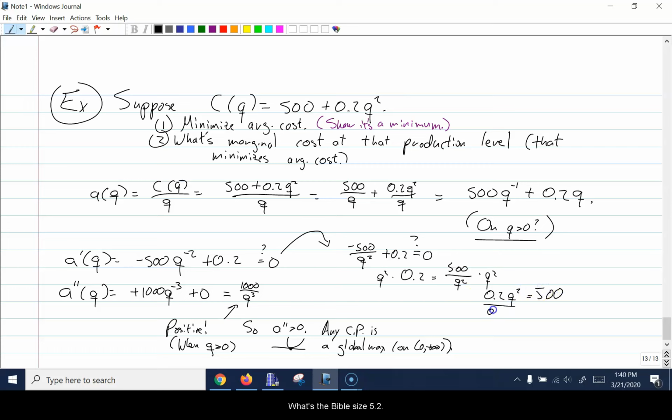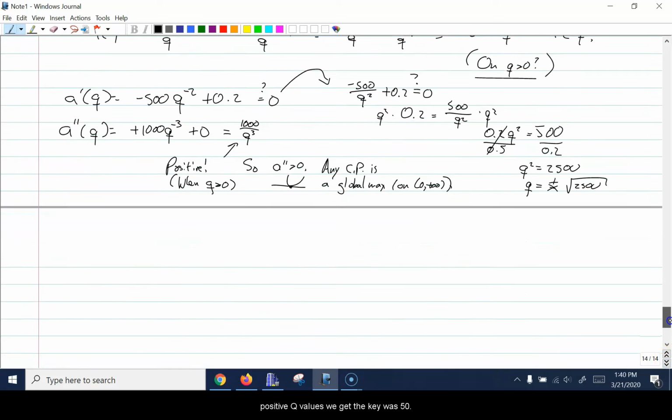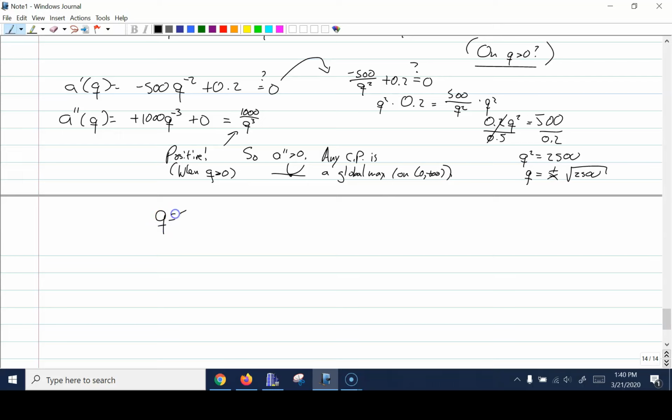Let's divide both sides by 0.2. That's 5,000 over 2, which is 2,500. So Q is plus or minus the square root of 2,500. We don't care about the negative one because we only care about positive Q values. We get that Q is 50.